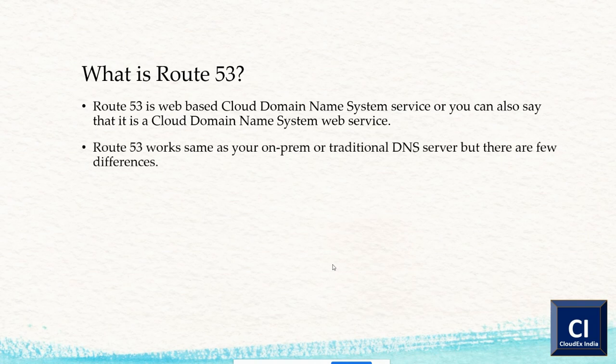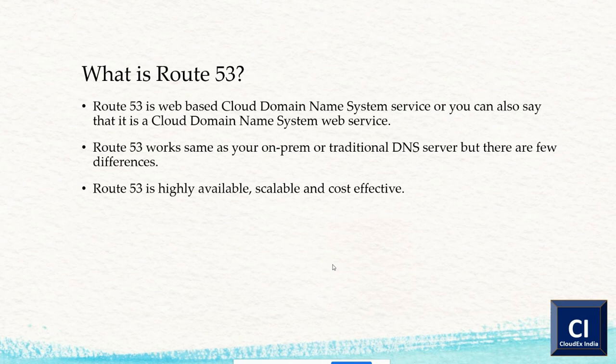The next point is that Route 53 works the same as your on-premises or traditional DNS service, but there are a few differences. What are the differences? The first thing: Route 53 is highly available, scalable, and cost effective. When I say highly available, take an example: if you have DNS servers on your premises, and there are two DNS servers or 10 DNS servers, in case all the DNS servers go down for some reason, what happens?